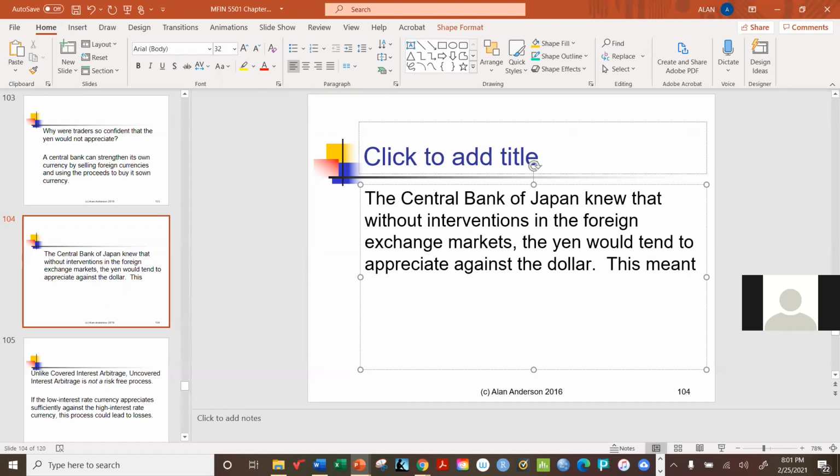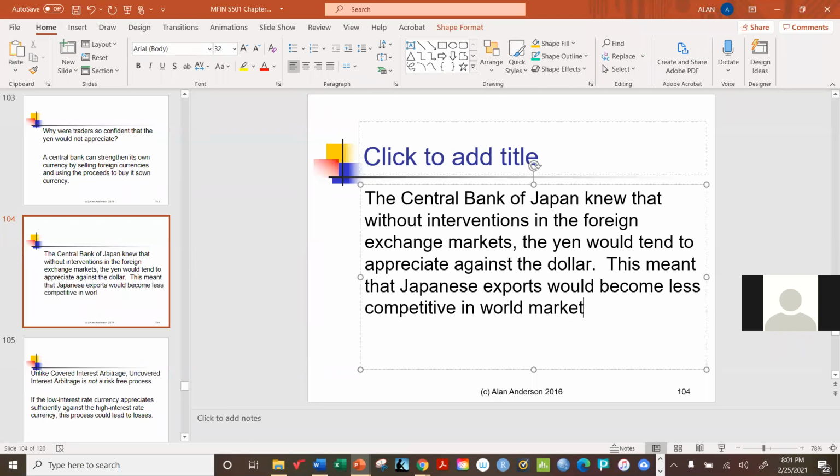Now, this meant that Japanese exports would become less competitive in world markets. As a result, trade surpluses would shrink. Now, why would this be a problem?